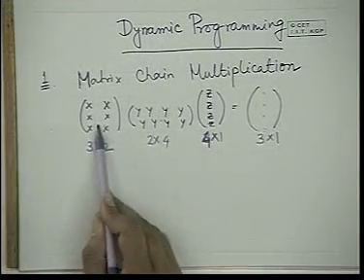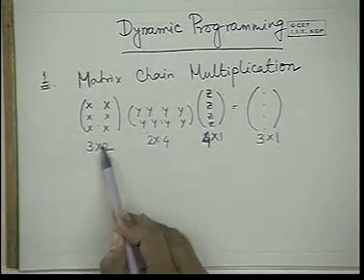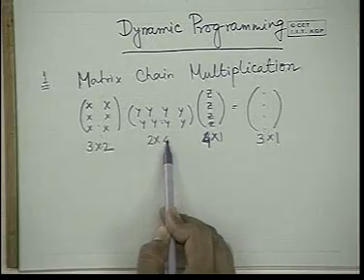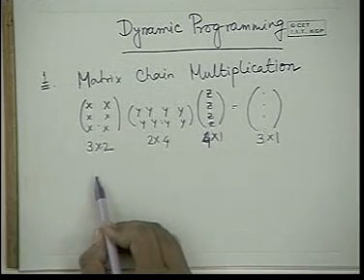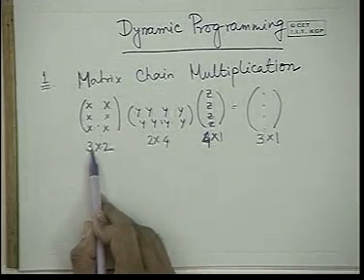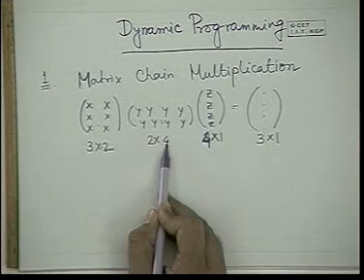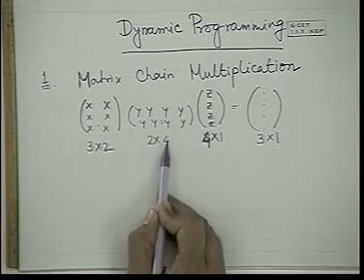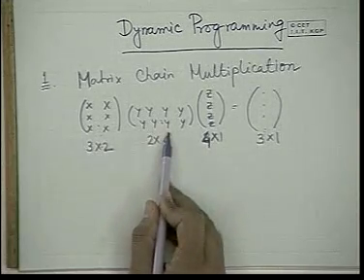Suppose I multiply 3 by 2 and 2 by 4 first. Can you tell me how many multiplications you will be requiring? That will be nothing but 3 into 2 into 4, which is 24. So you will be requiring 24 multiplications.